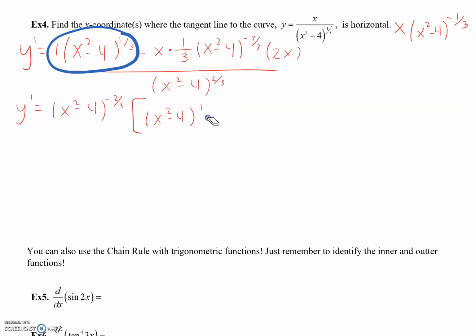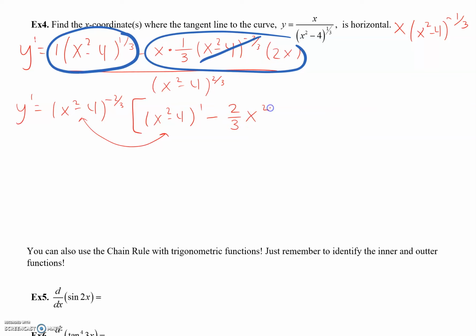For that first power, I know it is because if I distribute it back in, I add my exponents, I would get a 1/3. Minus, I go look at the second piece. Well, in this second piece, I took out this one, so it's gone. If I look at what's left, I have a negative 2/3 x squared. It's still all being divided by x squared minus 4 to the 2/3.